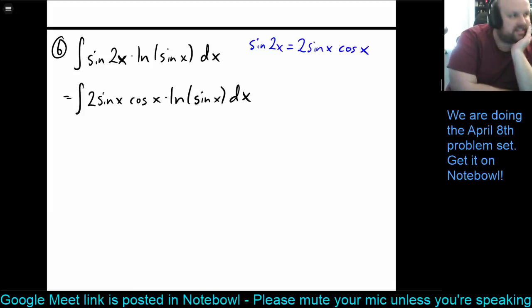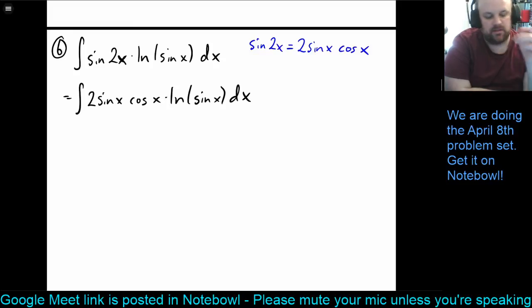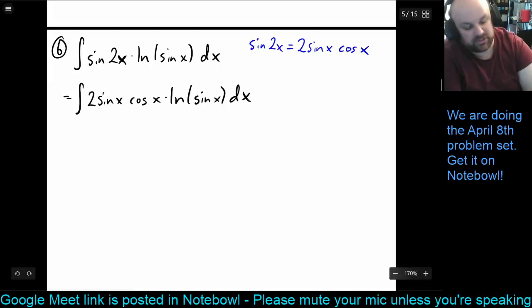So if we look at it this way, can we do this now? We should be able to, right? U is sine of x, which is what we wanted. Du is cosine of x dx.